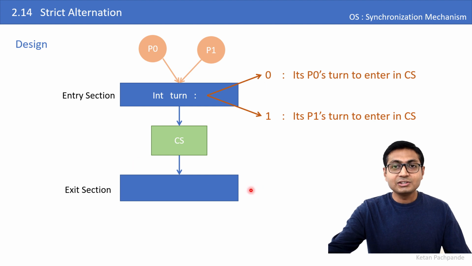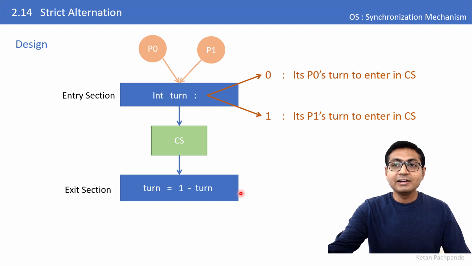And in the exit section, we are going to revert the value of turn. Let's say the current value is 0, so 1 minus 0 will be 1, and if the current value is 1, it will be 1 minus 1, it will be 0. Means if P0 comes out of this critical section, it is going to give the turn to the other process, that is P1, to enter into the critical section.